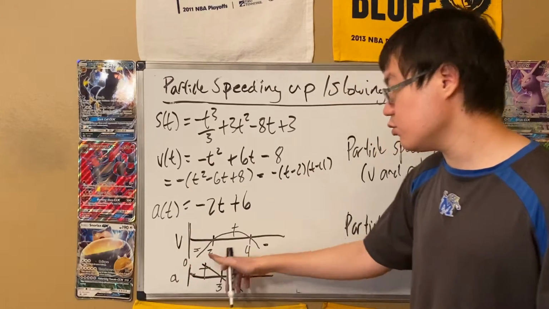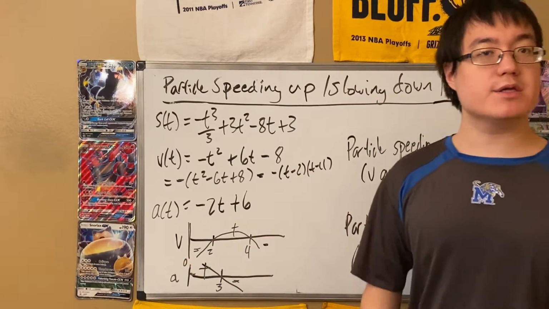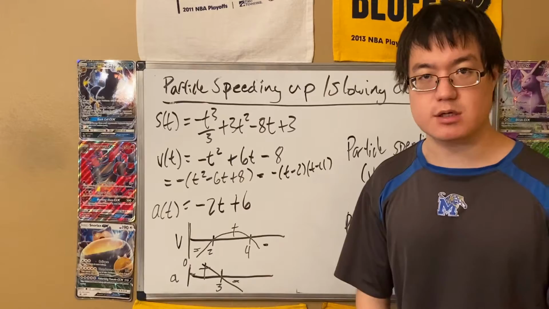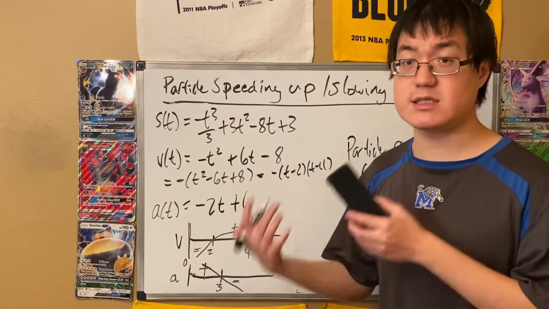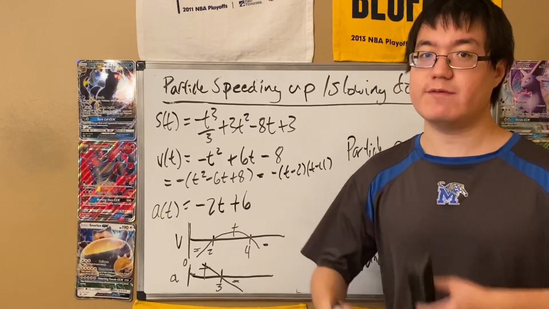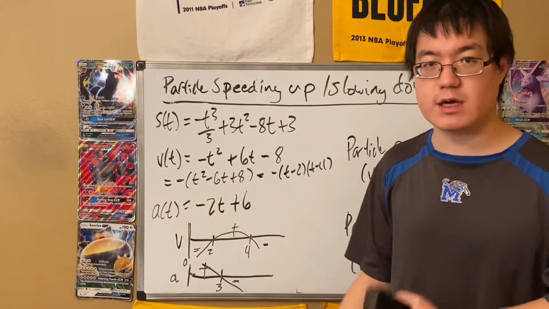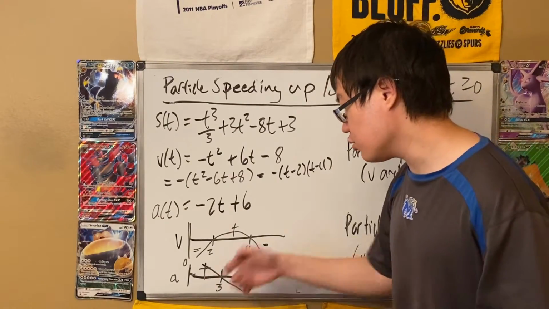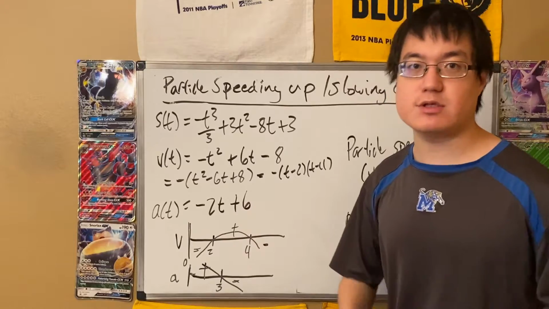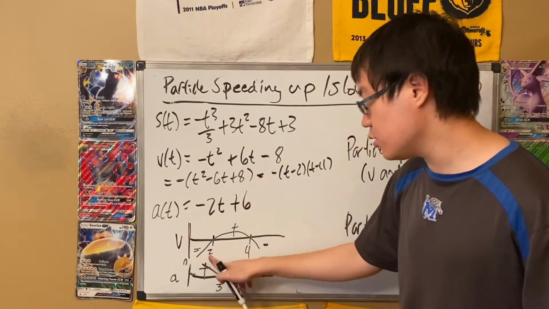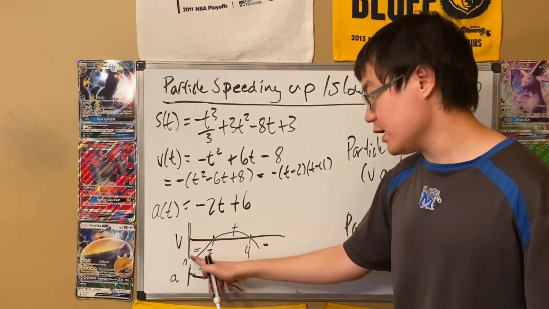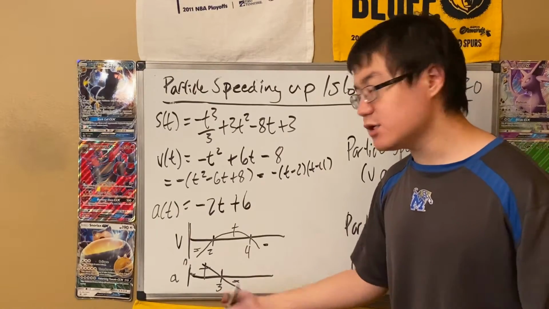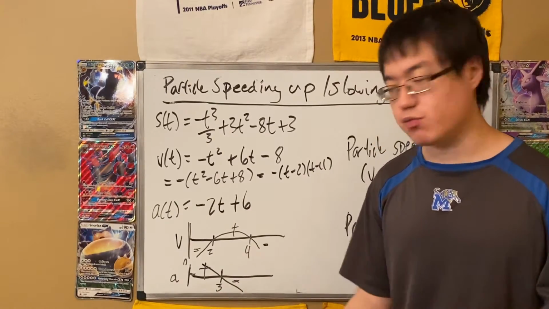So from 0 to 2, we're going to compare the sign charts of velocity and acceleration, because a particle speeds up when the velocity and acceleration have the same signs, both positive or both negative, and a particle is slowing down when they have different signs. From 0 to 2, notice that velocity is negative. While 2 is not on the sign chart of acceleration, we can picture where it goes.